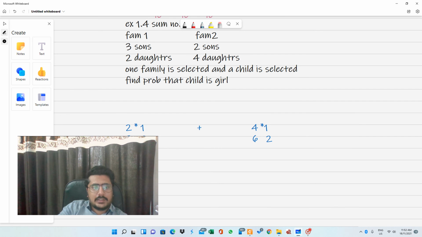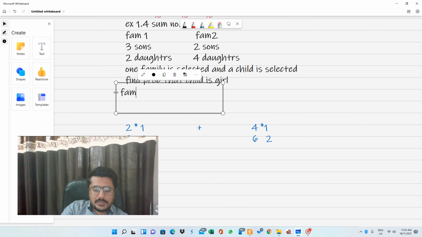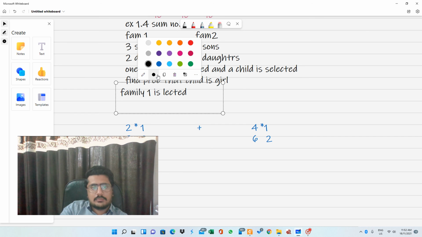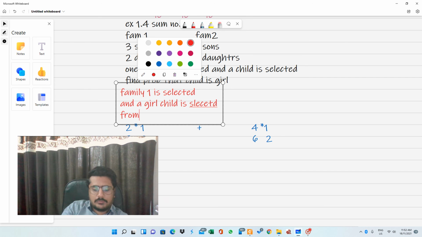Then I can write here, first family 1 is selected, and a girl child is selected from family 1.